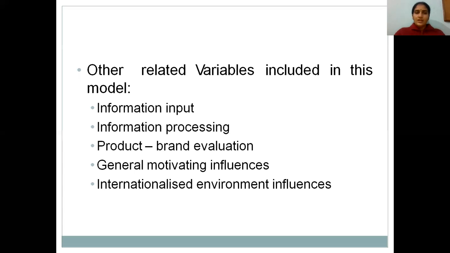So here the other variables include another 5 variables, again relating to the model. Information input would be done, information processing will be done, product brand evaluation will be conducted, general motivating influences would be studied, and then internalized environmental influences also would be studied.